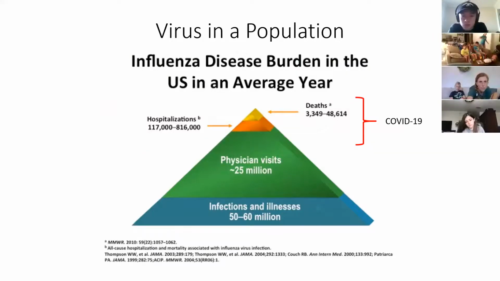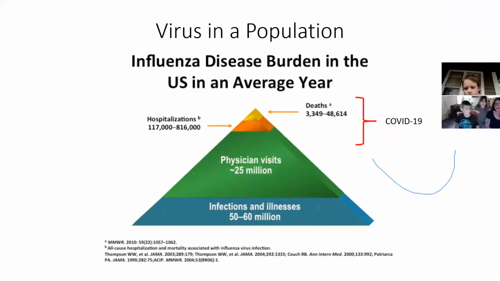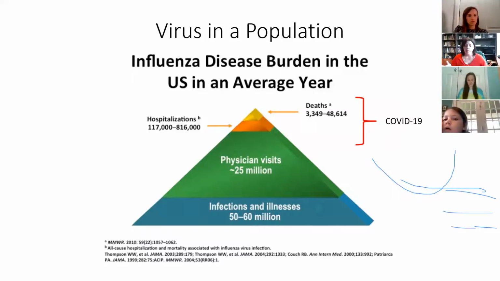So for any virus infection in a population, you have people who are infected. Most of the people, for most viruses, it's different for every virus, but you have a portion of the people who are infected, but they don't feel sick. They either don't get sick or they don't feel bad enough to go to the doctor. Then of the population that's infected, you have a portion of people that feel sick enough to go to the doctor.